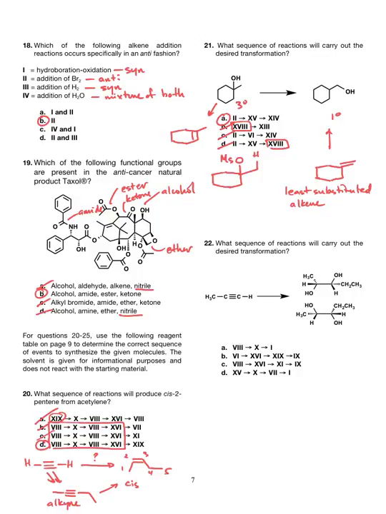So moving to 22, you can see that we're starting with a terminal alkyne. And if you just count the number of carbons in the final product here, you have 1, 2, 3, 4, 5.